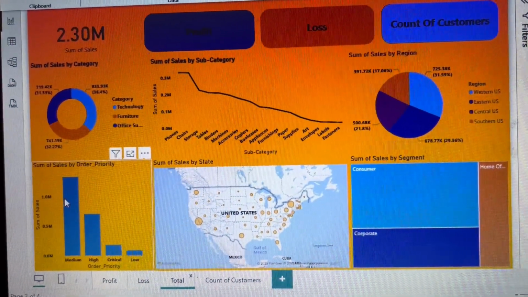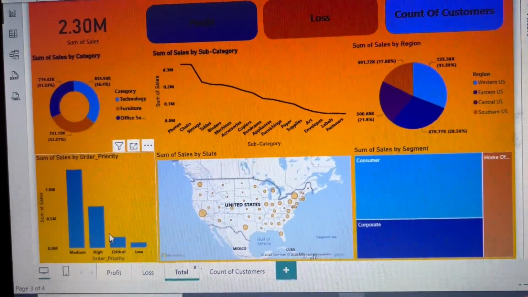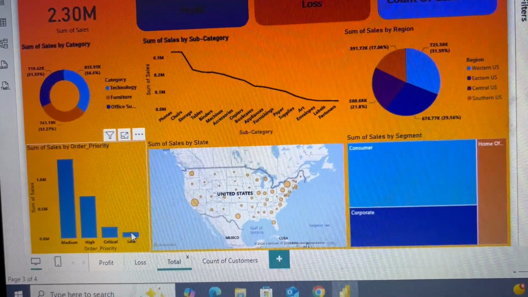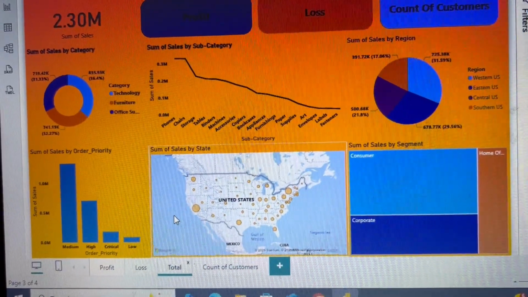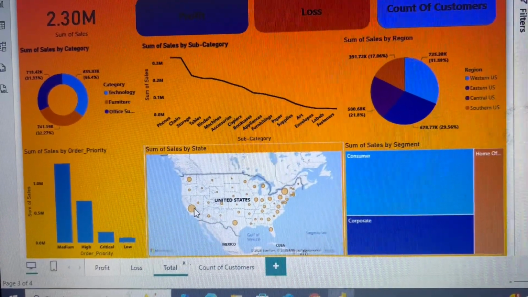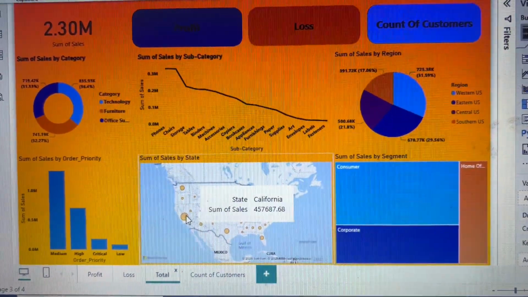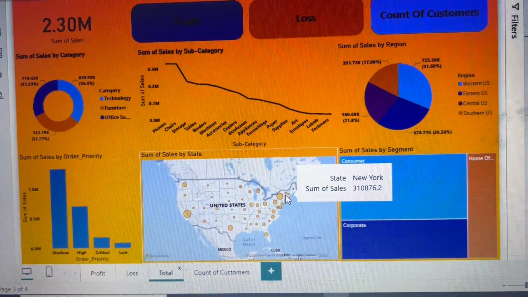The order priority: medium is the most, then high, then critical, then low. The map chart, I think the states that had the most sales are California and New York.